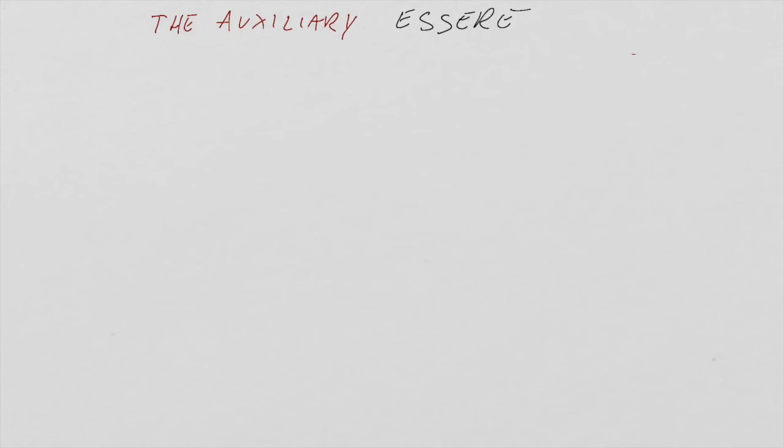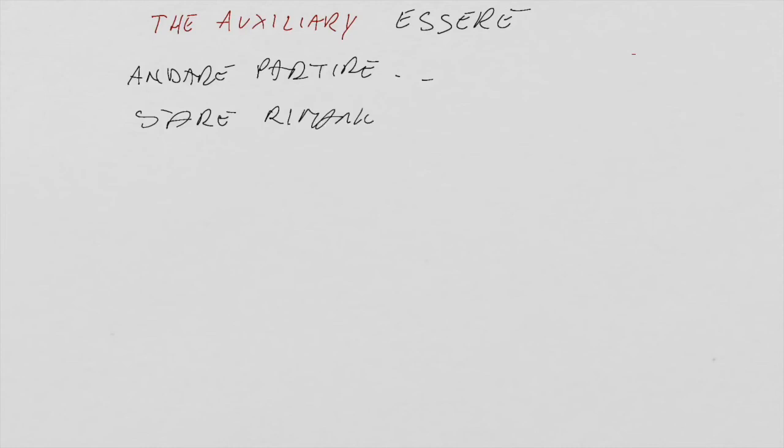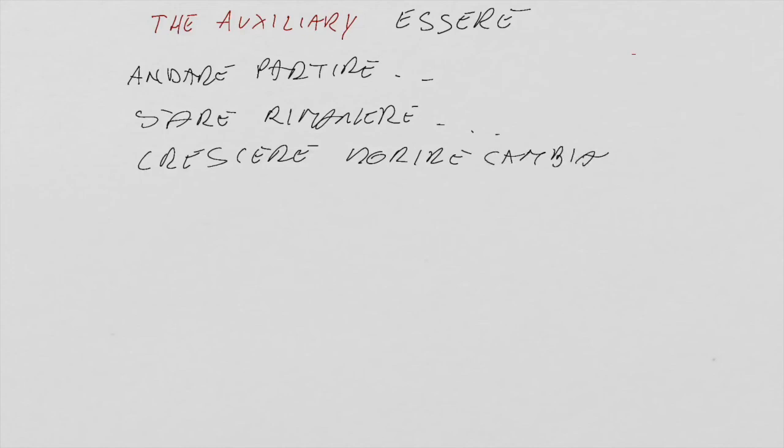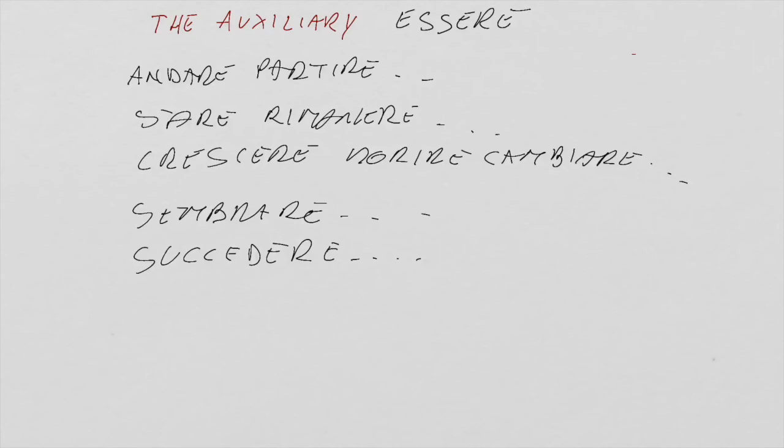The majority of the intransitive verbs involve movement: andare, to go, partire, to leave; or inactivity: stare, to stay, rimanere, to remain; or transformation in state of being: crescere, to grow, morire, to die; cambiare, to change; appearance: sembrare, to seem, to look like; and events: succedere, to happen. All these verbs are intransitive, so they require essere as auxiliary.